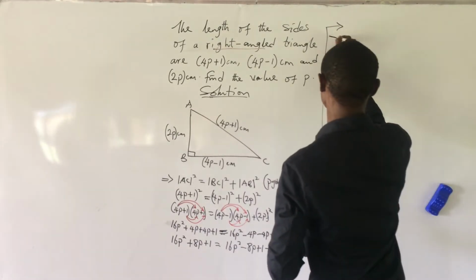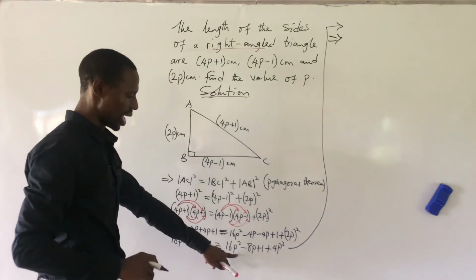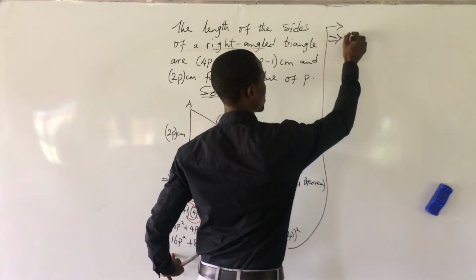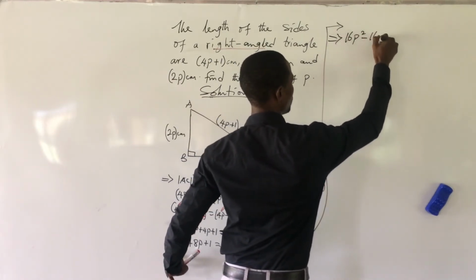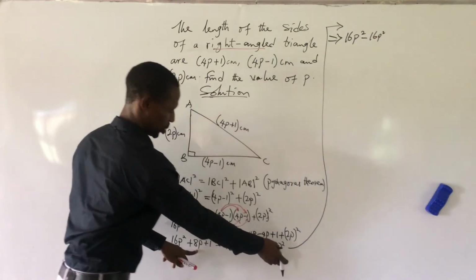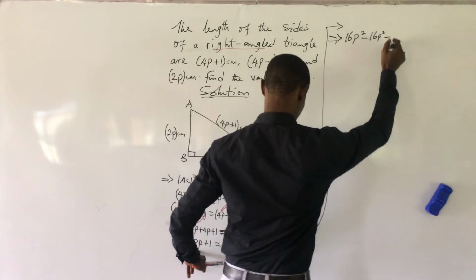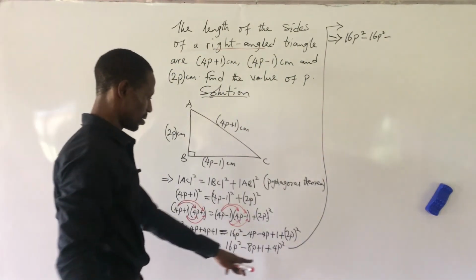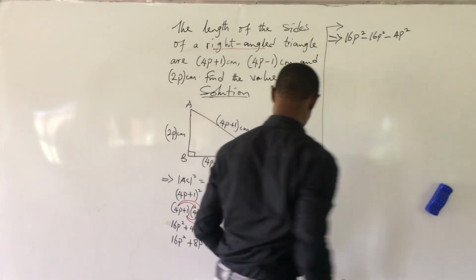So if we do that, we have 16p squared here, bring it to the other side, so we have 16p squared minus 16p squared here. Then minus 4p squared, so we have 4p squared here.